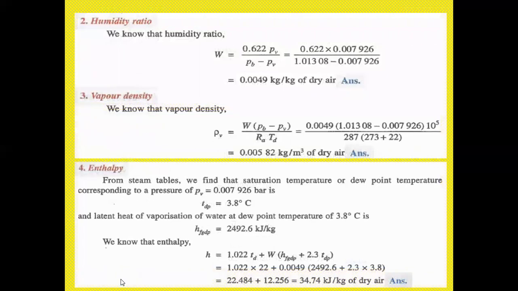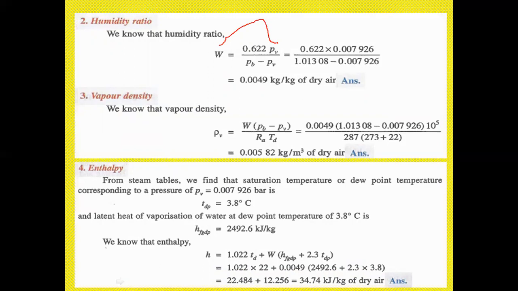Next one, humidity ratio. So we have to learn these formulas by heart. Humidity ratio W is equal to 0.622 PV divided by PB minus PV. Vapor density, we know that the vapor density rho V is equal to W of PB minus PV divided by RA TD value.